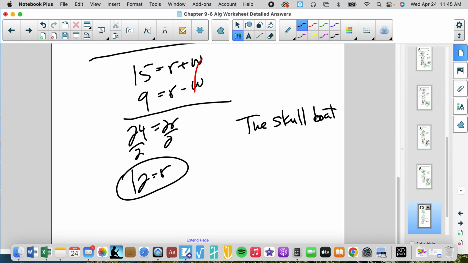I don't know if it's called scull. The scull boat traveled 12 kilometers per hour in still water.